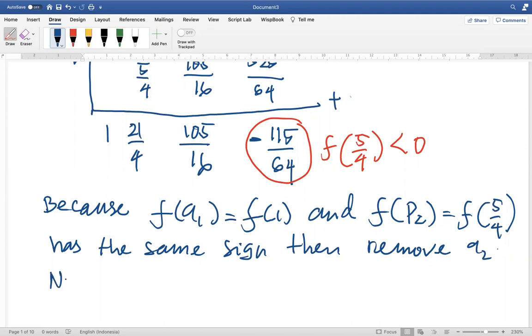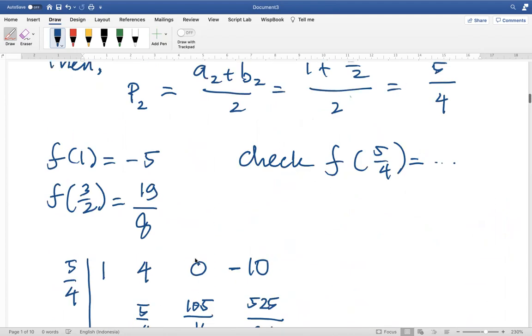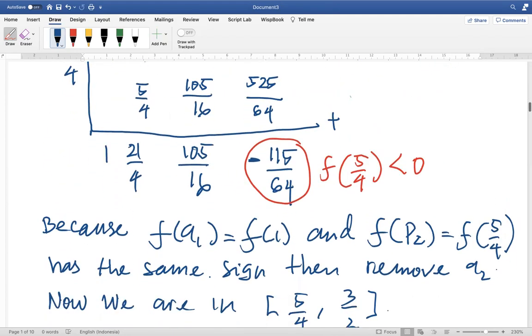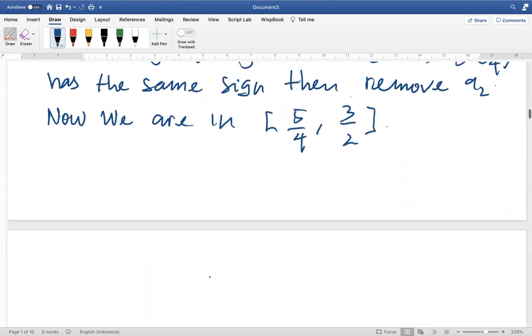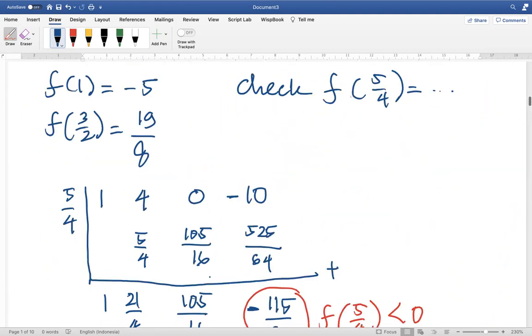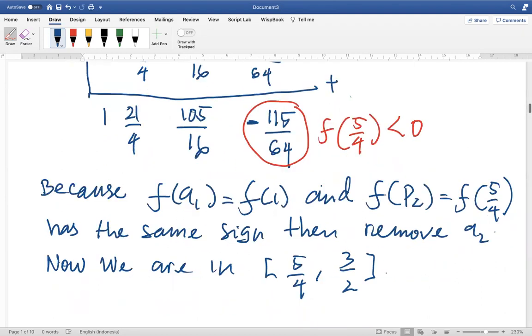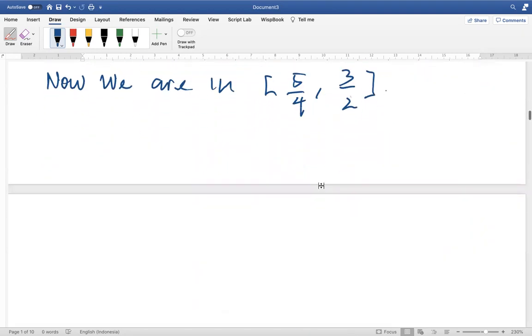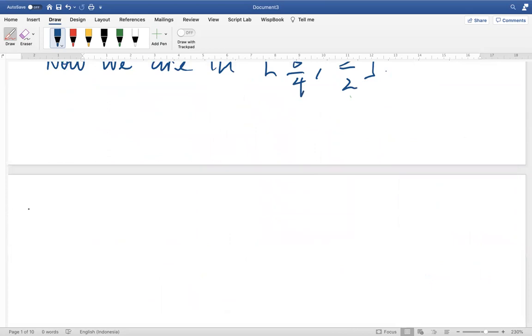Now we are in the interval 5/4 until 3/2. Okay, so you continue to the third step, n equal 3. It's repeated.